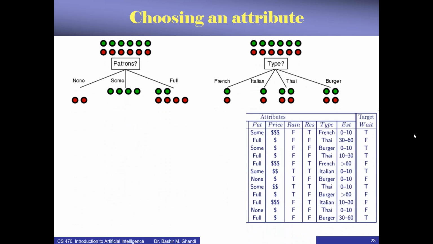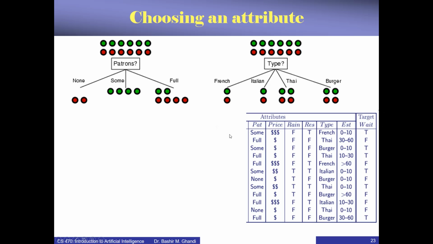And we're going to do that with these two attributes, patrons and type. We are trying to partition the data, first using patrons and then using type, according to the algorithm that we just discussed.